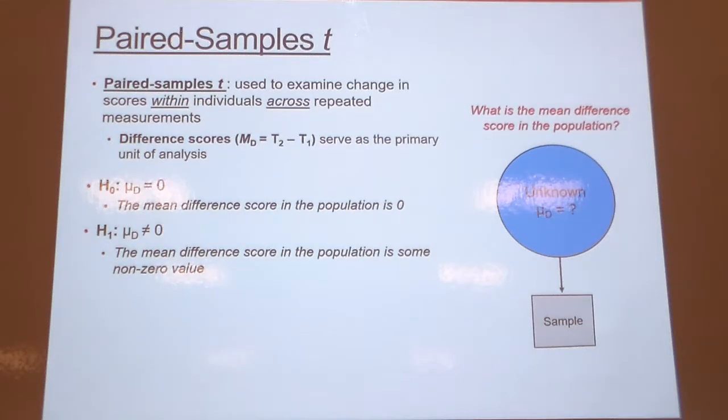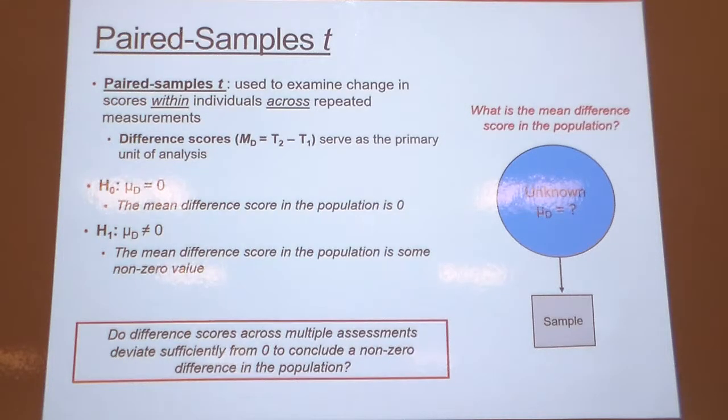But I can also just take my first observation, subtract my second observation, calculate the mean of my difference score, and then just run a one sample T test of whether or not that mean difference score is equal to 0, right? So again, our question is: is the mean of the difference score equal to 0? Okay.